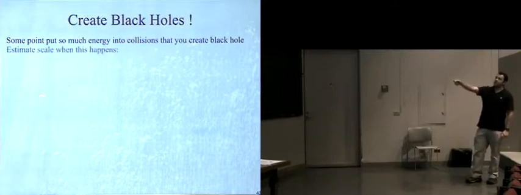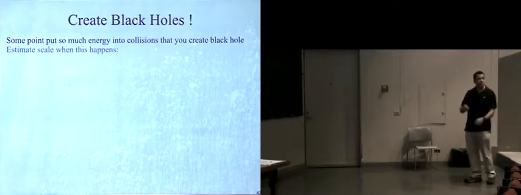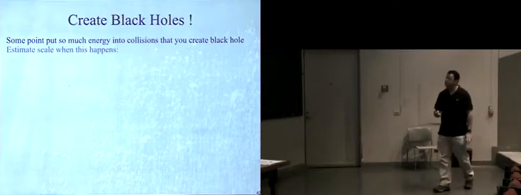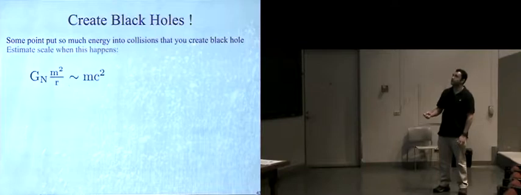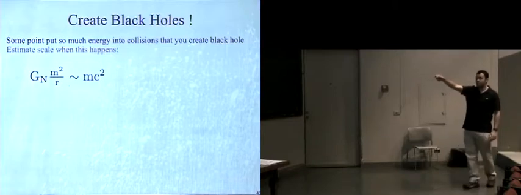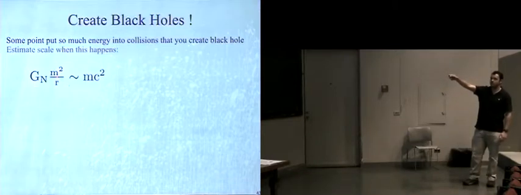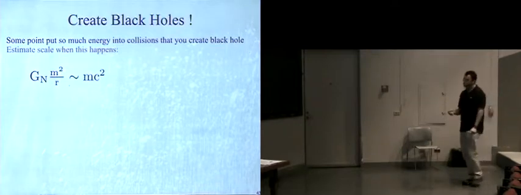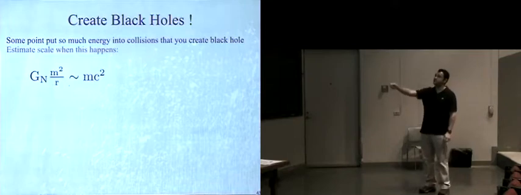So we can estimate. After the fourth lecture, we're all pros at doing this rough estimation for when things happen, so we'll work through that here. Here are the energies. This is the energy associated with gravity, so it has this scale. This is like the mass squared of a planet, but we can think of this as the energy that we're putting in to probe the small distances, and this is the distance at which we're probing.